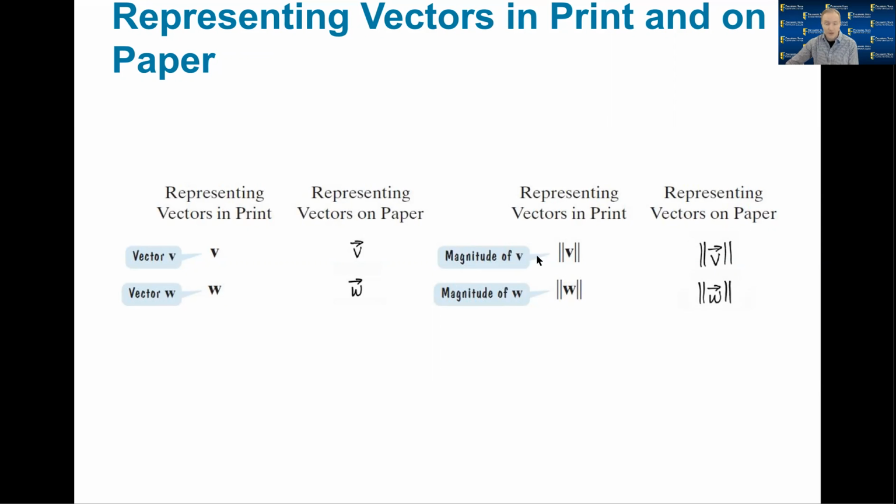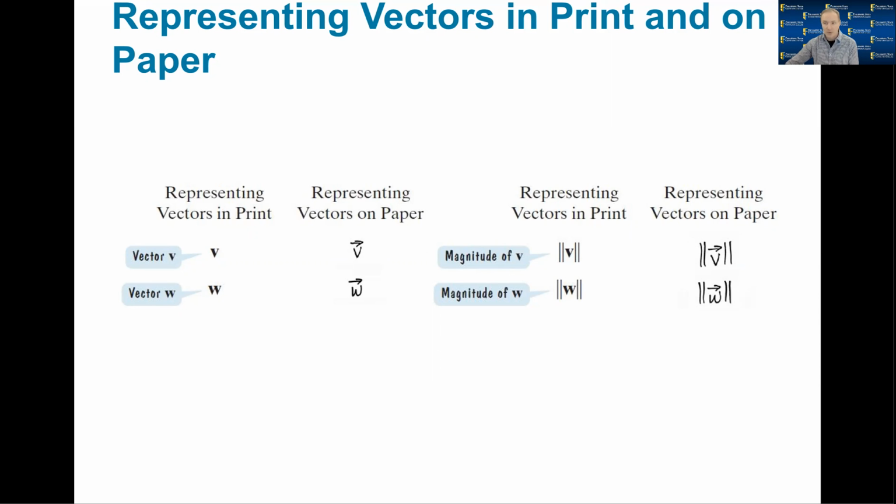And the same thing, if you're trying to do the magnitude, we'd say the magnitude of vector v or vector w, you just put the double absolute value sign around it. That's going to represent the length of the vector graphically. Now, application-wise, it could represent the weight or the speed of an object.